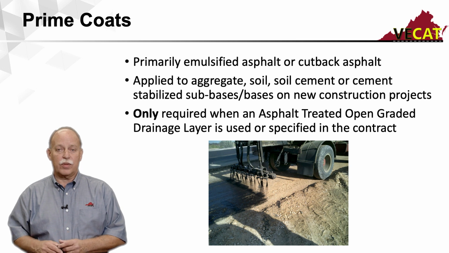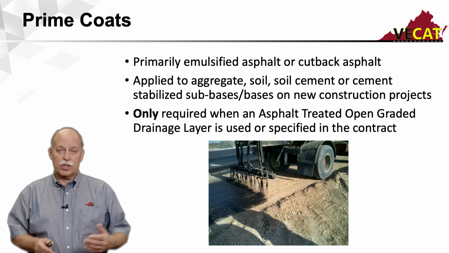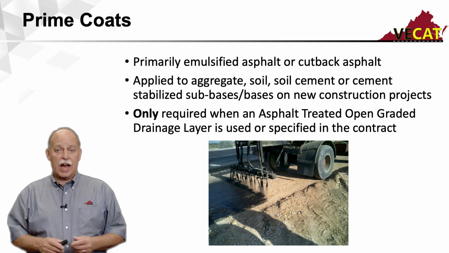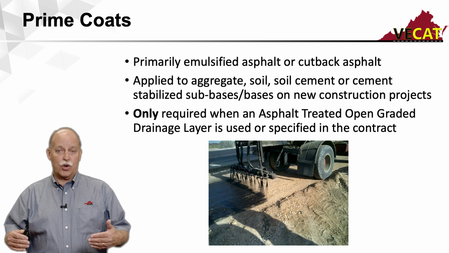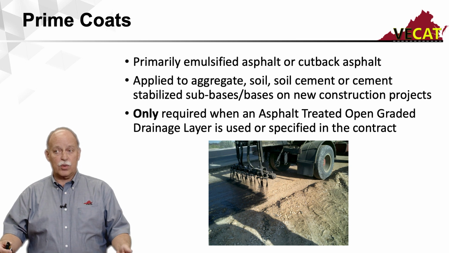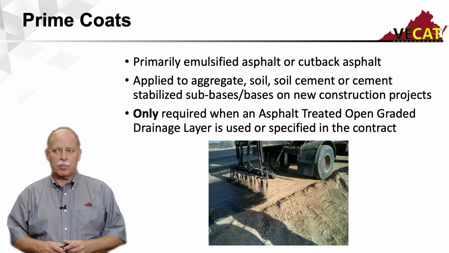Cutback asphalt being one that actually uses naphtha, whereas an emulsified asphalt uses water to actually break that asphalt. It's applied to the aggregate, soil or soil cement, sometimes cement stabilized subbases, so that you can ensure that it's not only sealed, but that you can sometimes get a better bond to the layer above it.